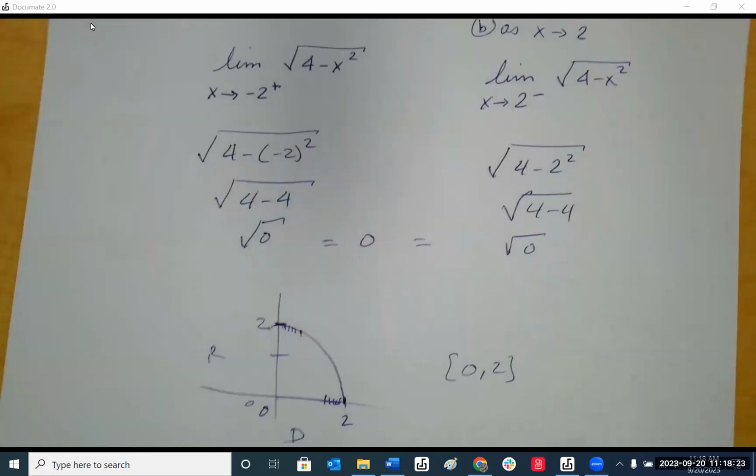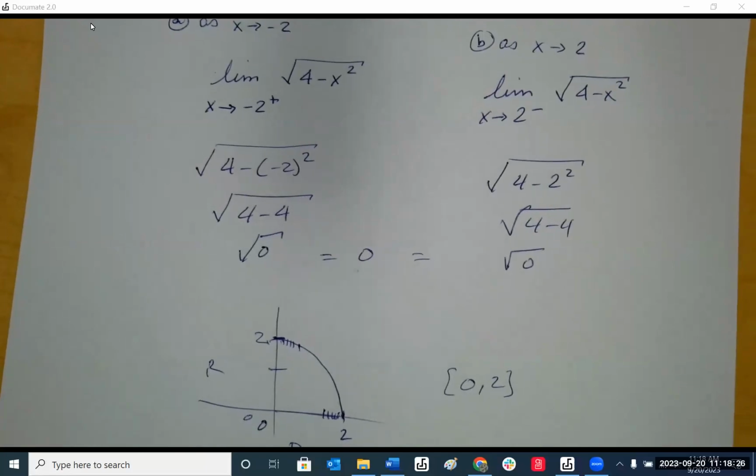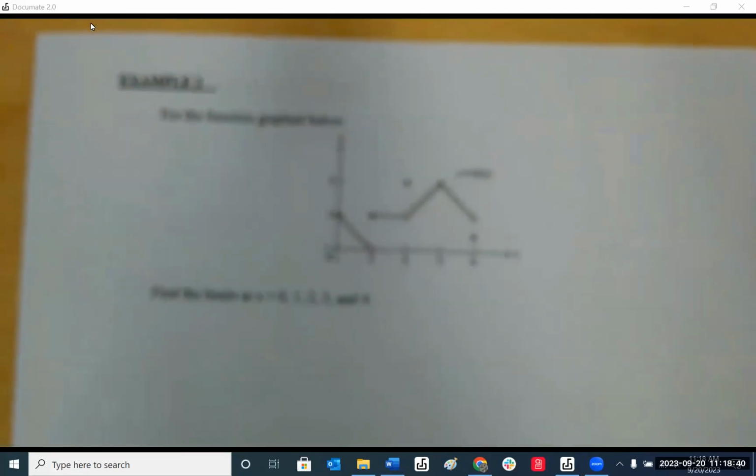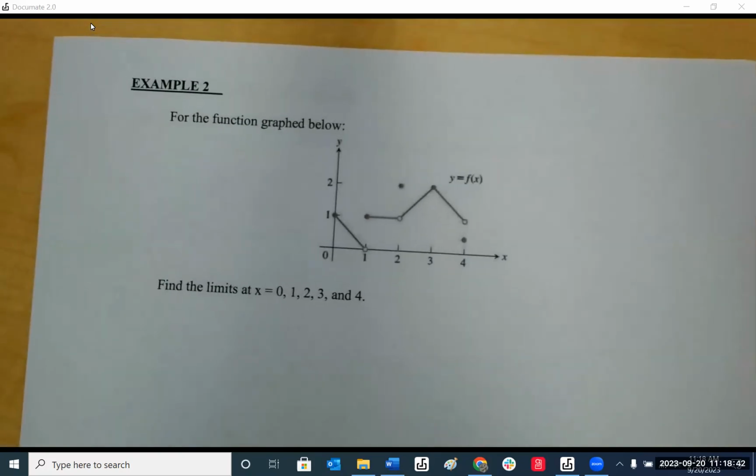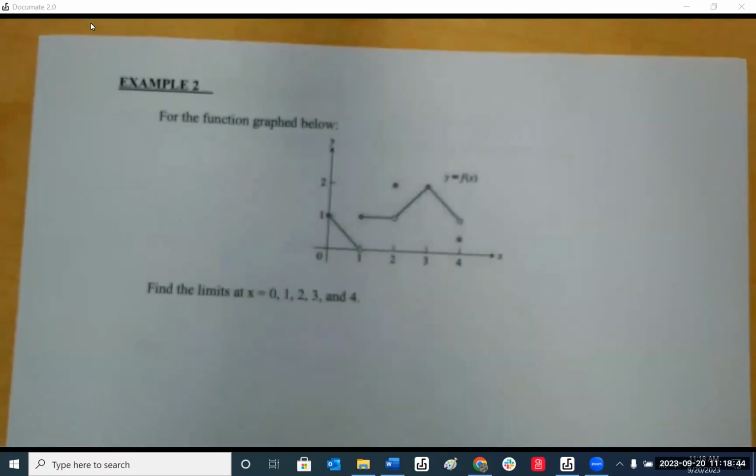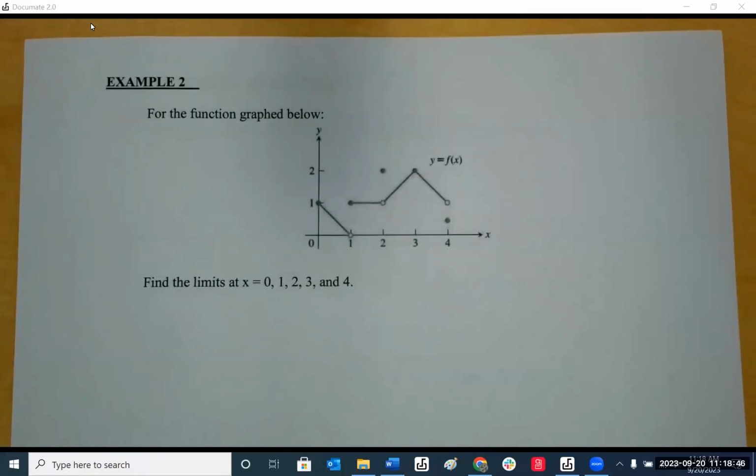Let's look at this one. For the function graphed below, find the limits at x equals 0, 1, 2, 3, and 4.